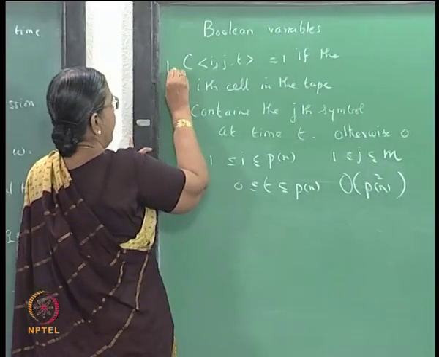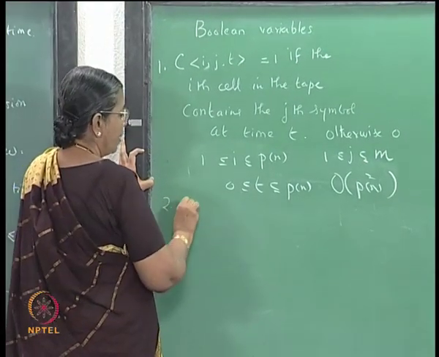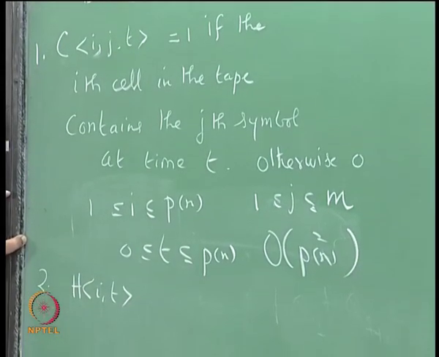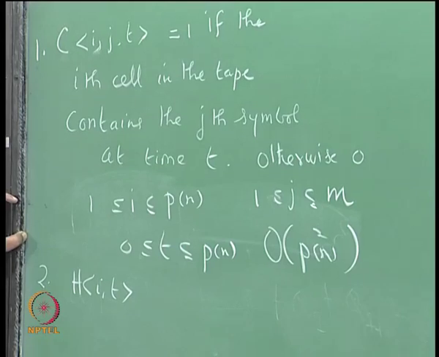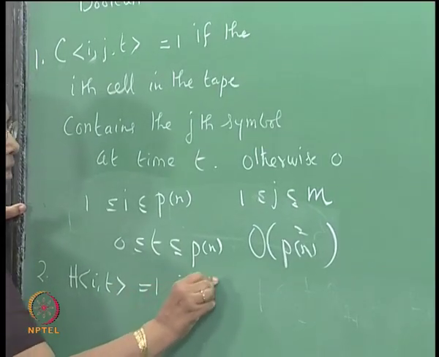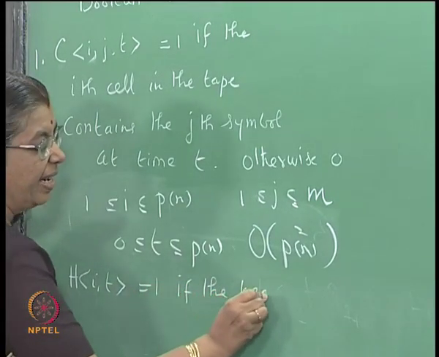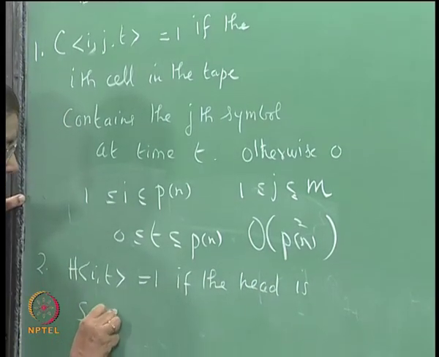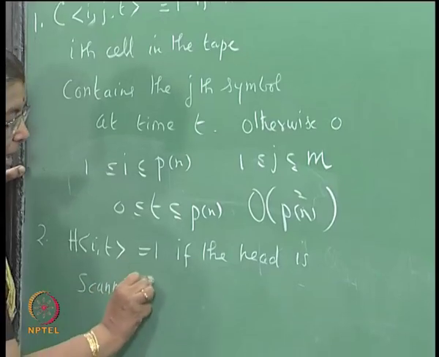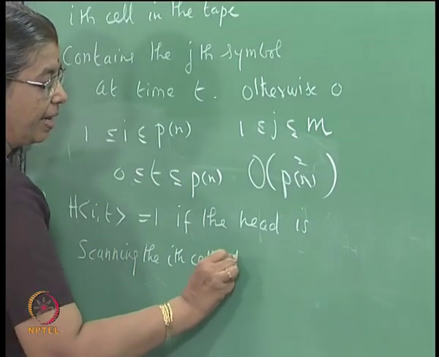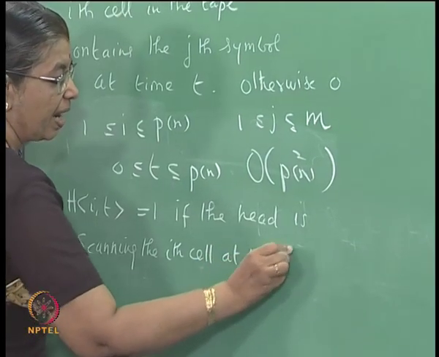This is one set. Another set of variables H_it. H_it is equal to 1 if the head is scanning the ith cell at time t.